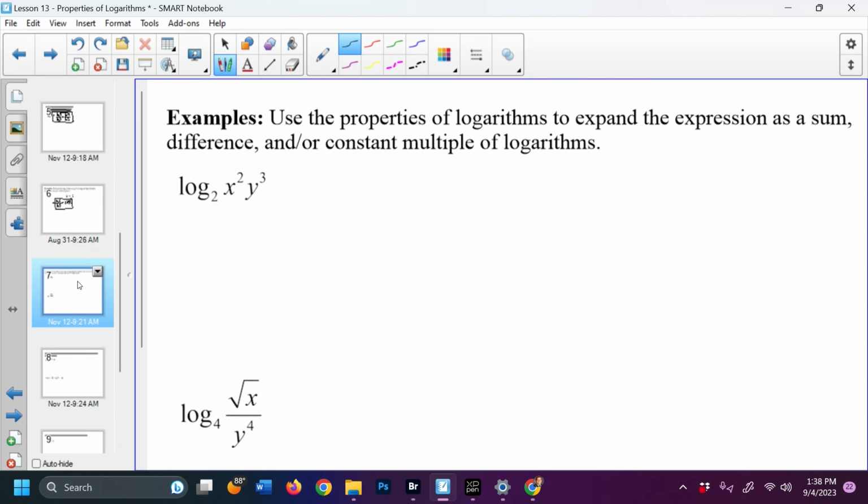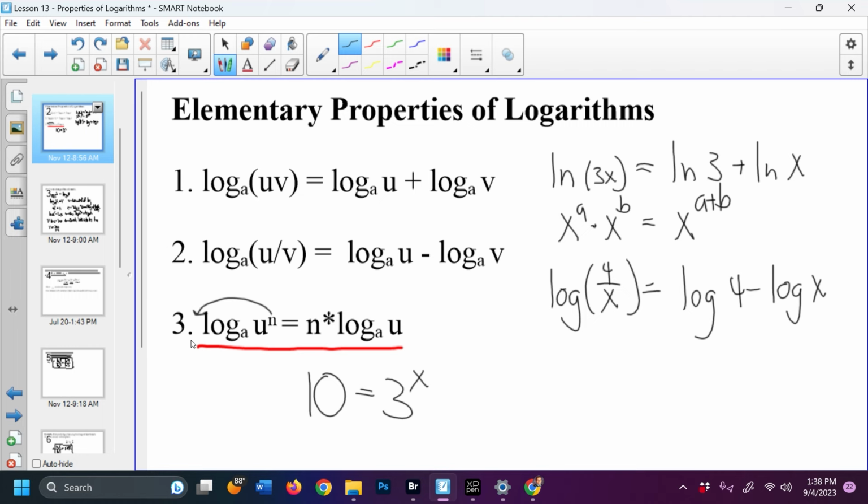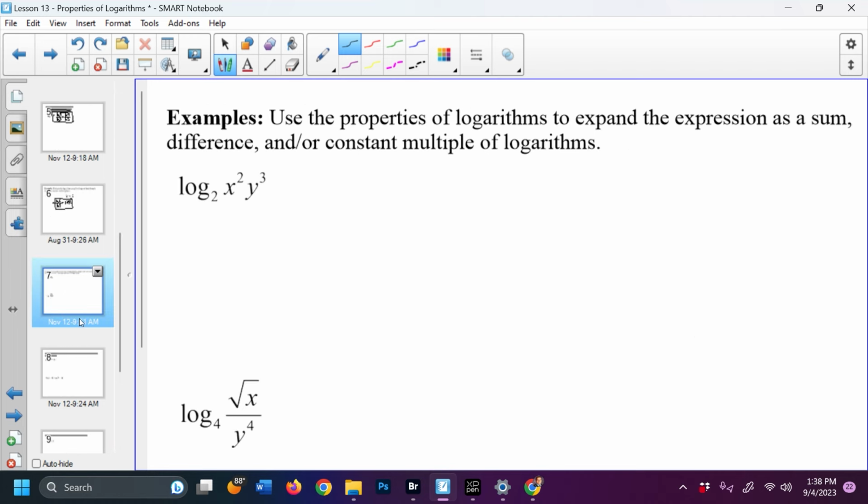All right, next it says use properties of logarithms to expand the expression as a sum, difference, and or constant multiple of logarithms. So basically what they're asking us to do is use these first three properties of logarithms to break this expression so that it's a logarithm of only one variable and it has no exponents in that logarithm. For this first one, I am going to use that property of logarithms, log base a of x times y is equal to log base a of x plus log base a of y.